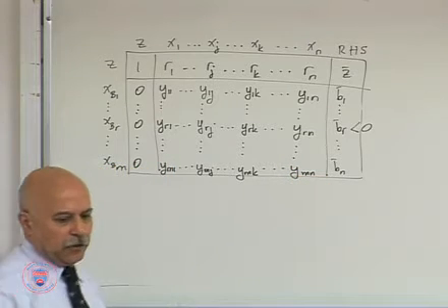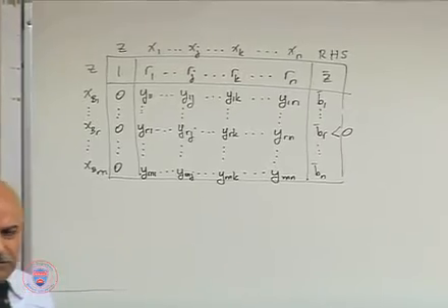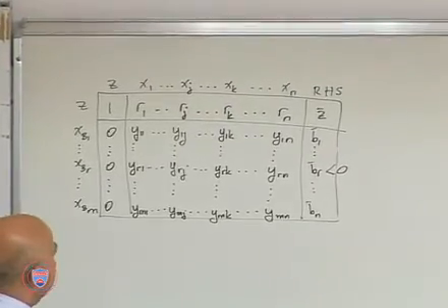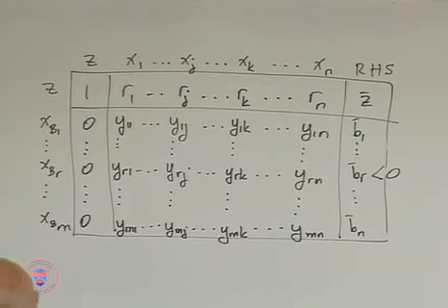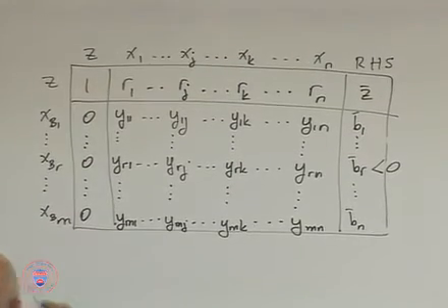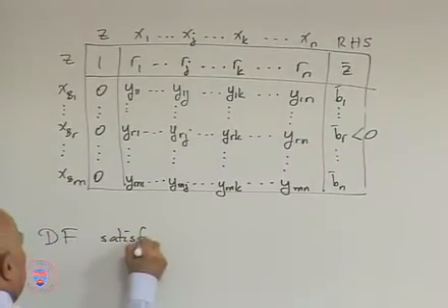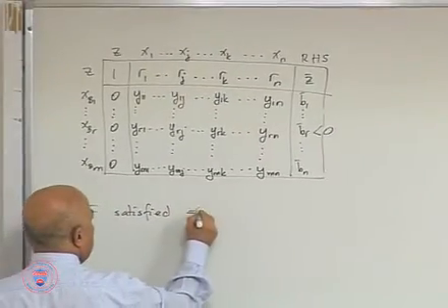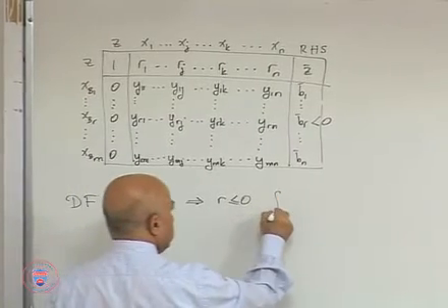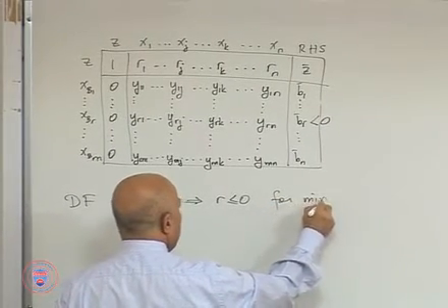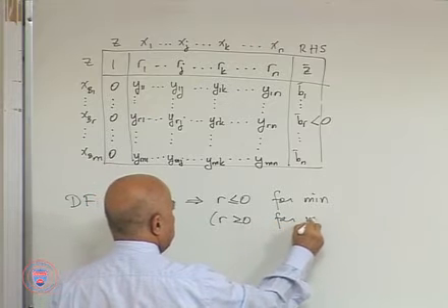All right, that's the tableau. The y vectors are the B inverse times the original aj column. Now dual feasibility satisfied means r is less than or equal to 0 for a minimization problem, and it's greater than or equal to 0 for a maximization problem.